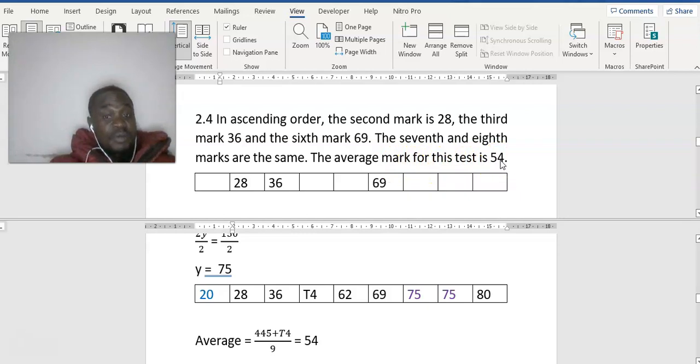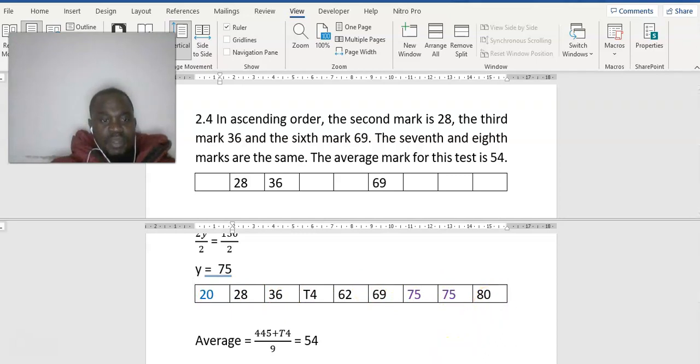So it means we need to calculate the average. To calculate the average is the same as finding the mean. So you add all of them and divide by 1, 2, 3, 4, 5, 6, 7, 8, 9. Divide by 9.